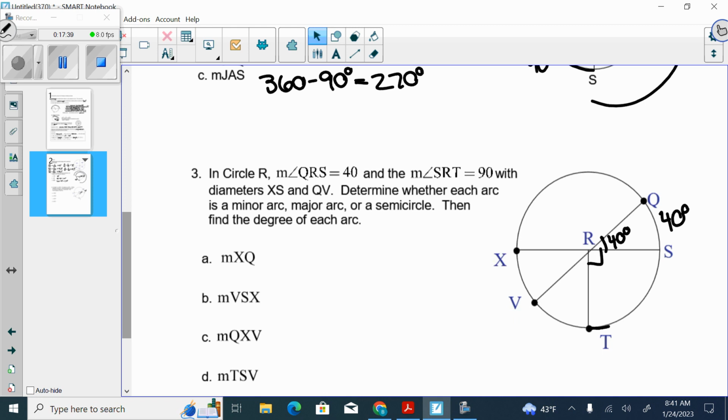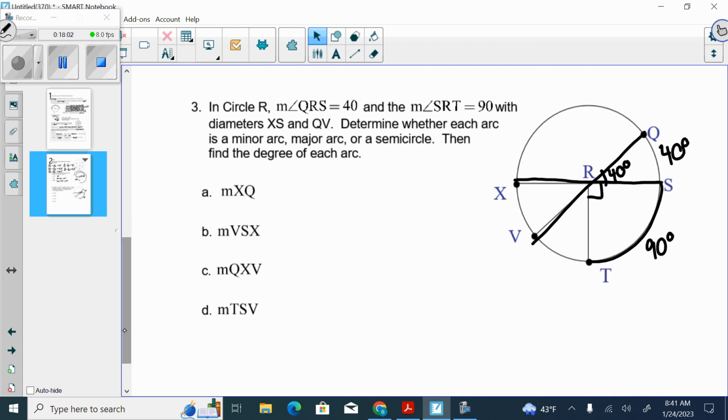Therefore, the arc ST is 90 degrees. It says that there are 2 diameters here. XS is a diameter, and also QV is a diameter. Determine whether each arc is minor, major, or a semicircle, and find the degree of the arc.